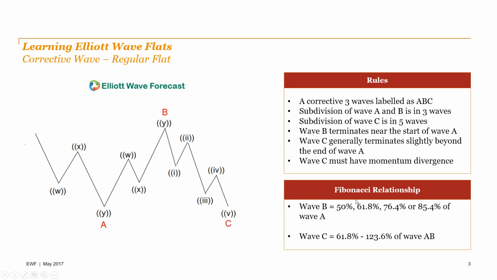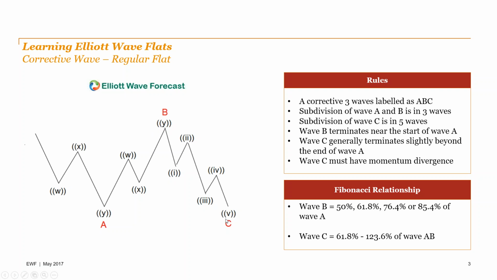Okay, and then stochastic also, yes. In terms of the Fibonacci relationship, the wave B is at least 50%, but most of the time is a deep retest of the A. So I'd say most of the time is between this Fibonacci ratio here, 76.4% retracement or 85.4% retracement of this wave A. So that is usually what the wave B is.